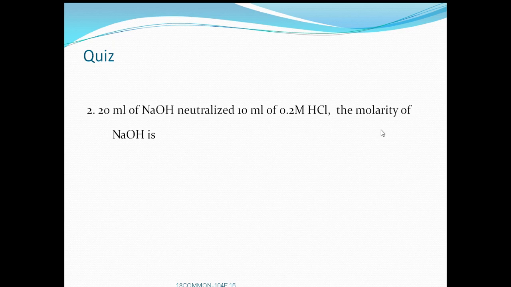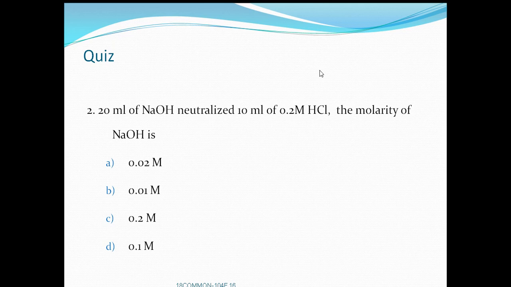So we have to use volumetric analysis. What is the equation for this? 1 mole of HCl plus 1 mole of NaOH gives NaCl plus H2O.